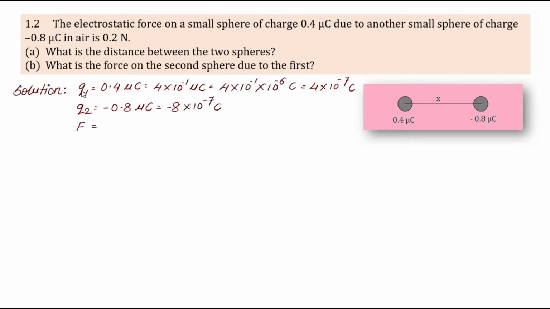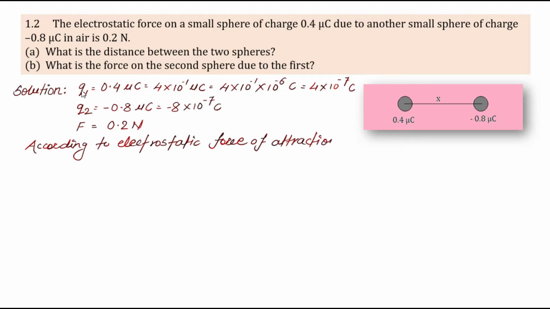The force of attraction between the two charges is 0.2 Newton. So according to the electrostatic force of attraction, we have F is equal to K Q1 Q2 upon R square.